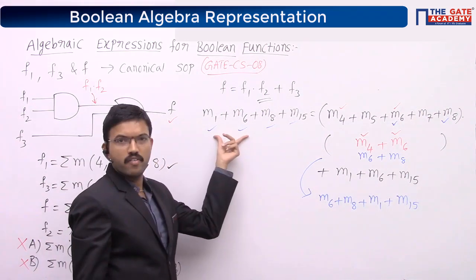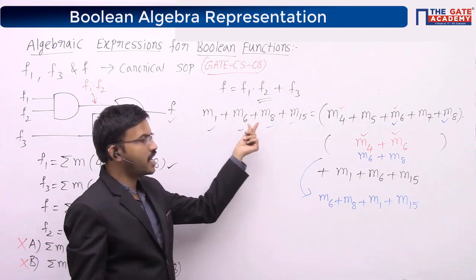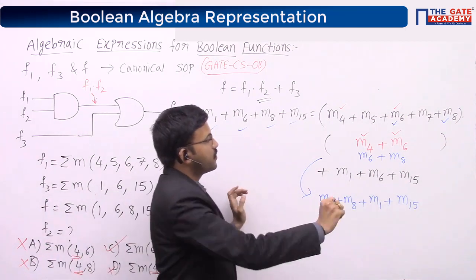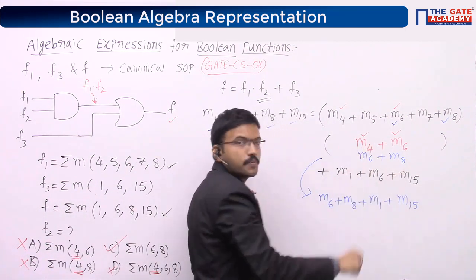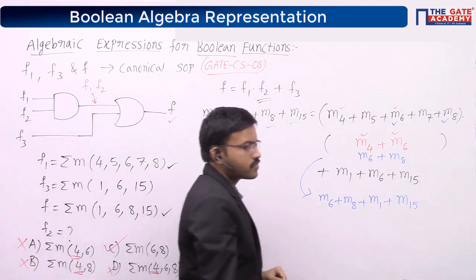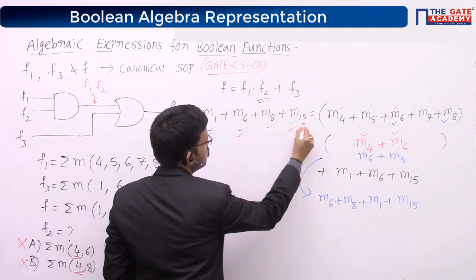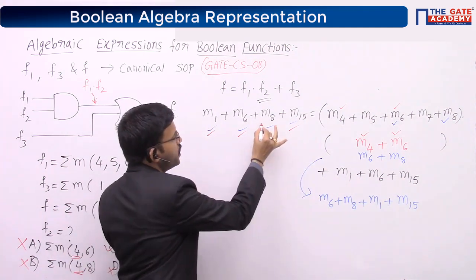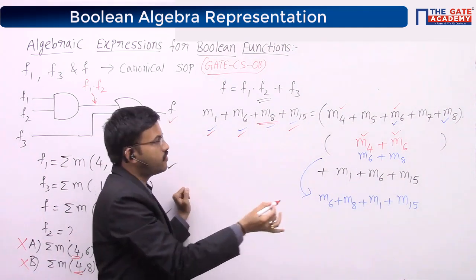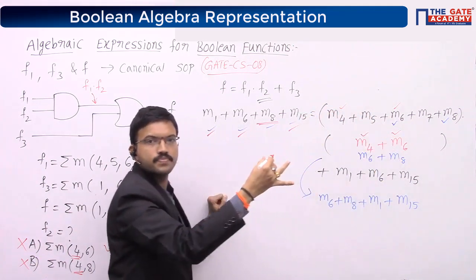How many minterms am I having? 4 minterms: 1, 6, 8, 15. Here I am having 1, 6, 15. So already I am having these 3.